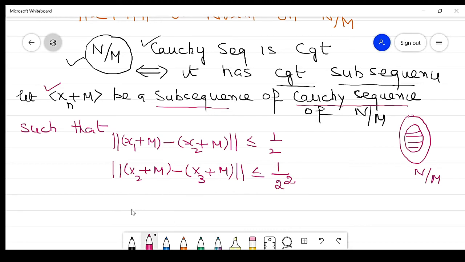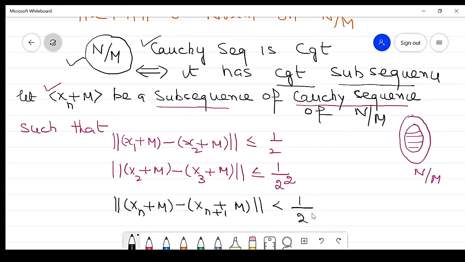So continue the process. When we are at the nth place, this will be xn plus M minus xn plus 1 plus M, and this is less than 1 by 2 raised to power n. Why?